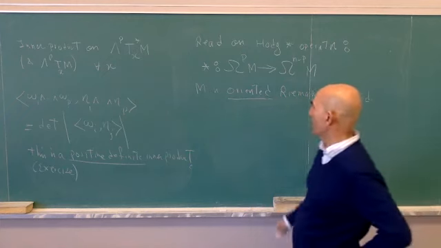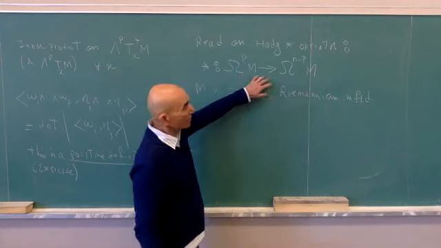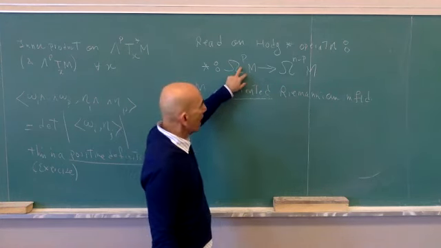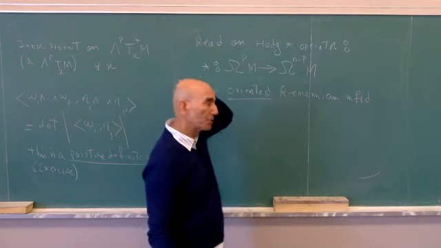So let me just define it. It's a strange operation, because it takes a p-form and sends it to an (n-p)-form. So what is this operation?